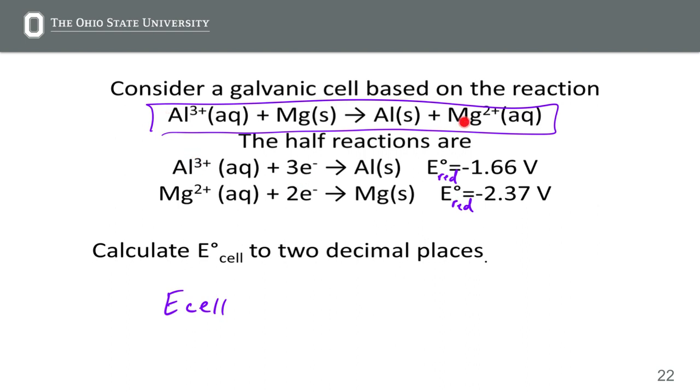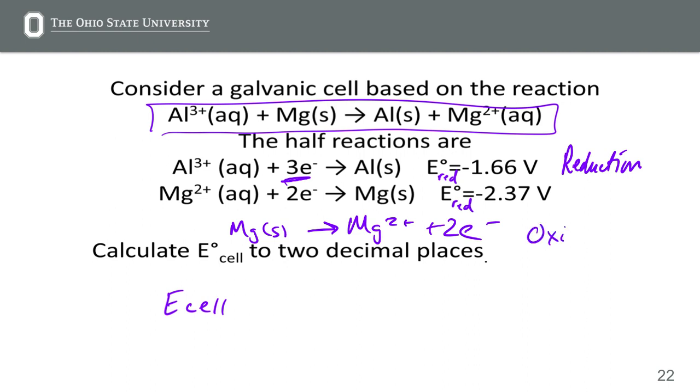We have magnesium 2 plus on the product side, so that means this reaction gets reversed. So which one is the reduction reaction, aluminum or magnesium? Yeah, it's aluminum. Reduction is gain, so it gains electrons. They have to show up on the reactant side, which means that the magnesium half reaction is the oxidation half reaction.